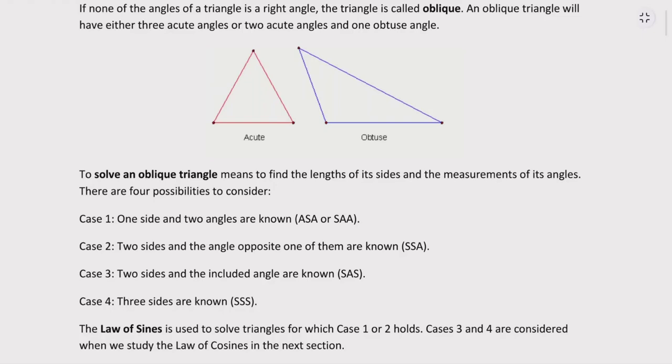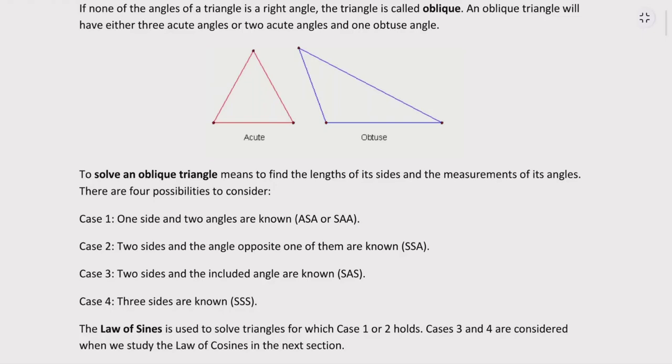If we have one side and two angles, this case is called angle side angle or side angle angle. Don't get these confused with the postulates and theorems that you studied in high school geometry. It's talking about the same thing, but those were specifically for right triangles. Case number two is two sides and the angle opposite one of them, known as side-side angle.